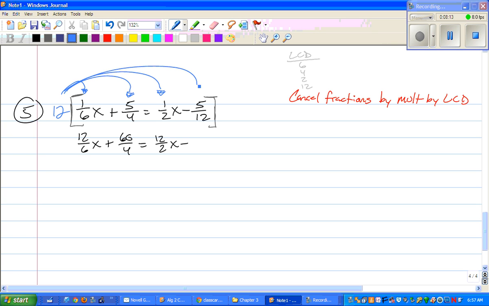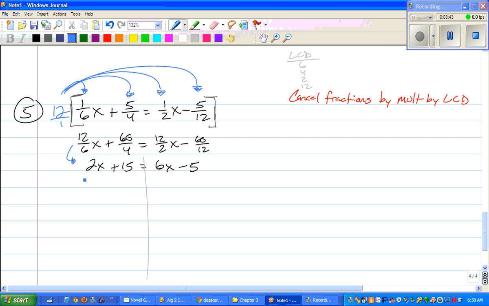And then the last one, 12 times 5 is 60. Okay, so when you're multiplying, that's really 12 over 1. So all you have to do is multiply the numerators. So we're going to go ahead and reduce this, and it's going to give us 2x plus 15 equals 6x minus 5.